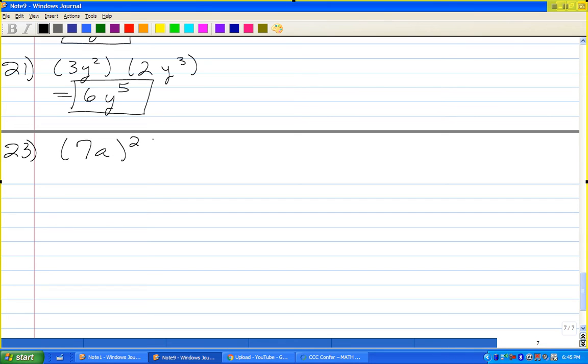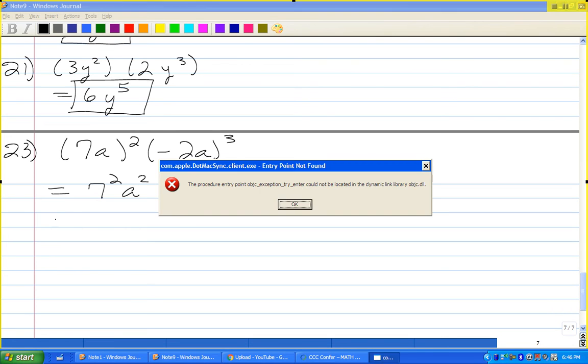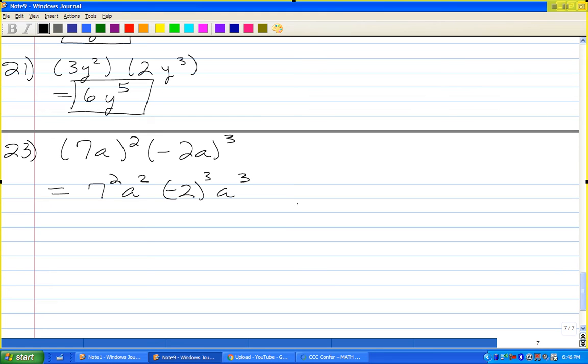7a squared, squared, times -2a cubed, cubed, is equal to, well, let's raise each of these inside the parentheses to the power 2. So 7 squared times a squared, negative 2 cubed times a cubed. Which is equal to 7 squared is 49.